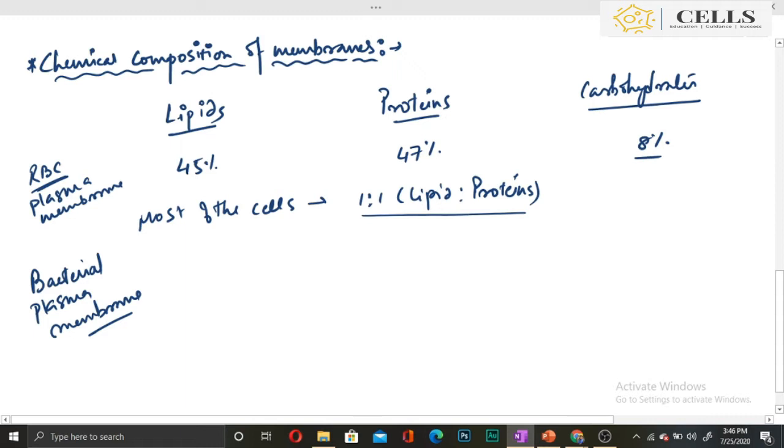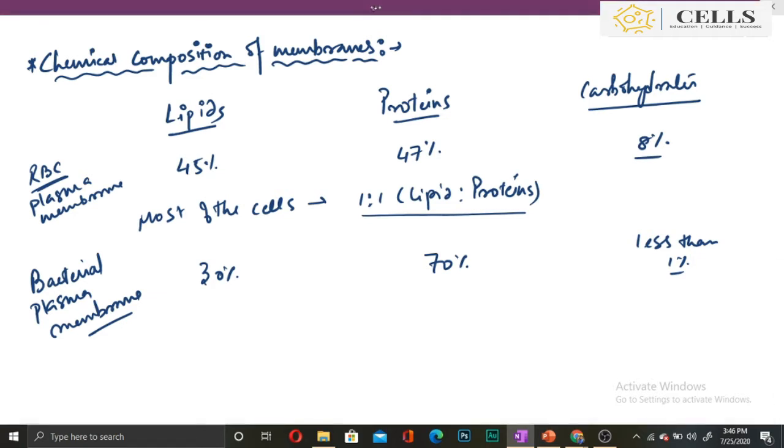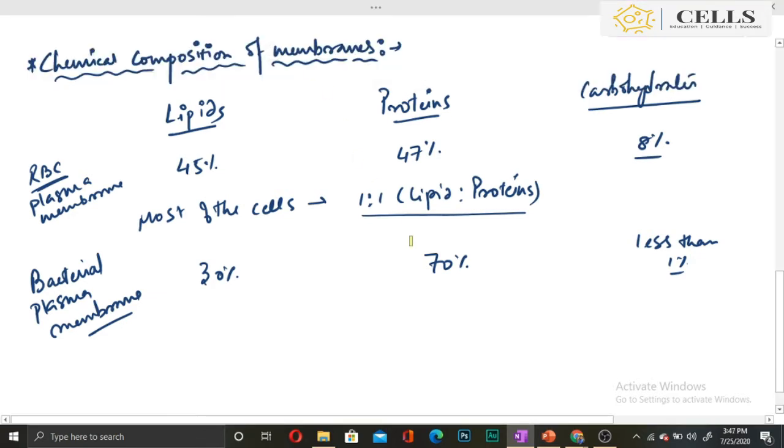In the bacterial plasma membrane, the lipid amount is about 30%, the protein amount is 70%, and carbohydrates, if present, are less than 1%. Why is the amount of protein so high in the bacterial plasma membrane, but much less in other eukaryotic cells? Why is it happening so?